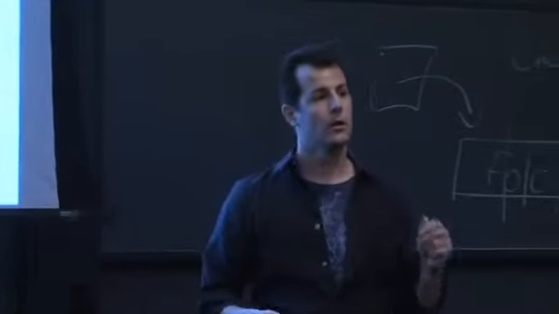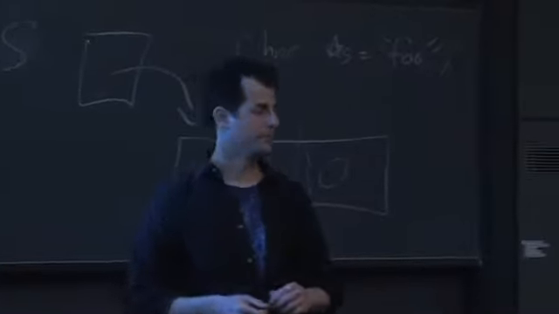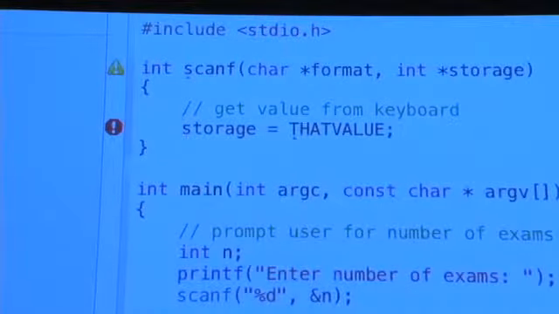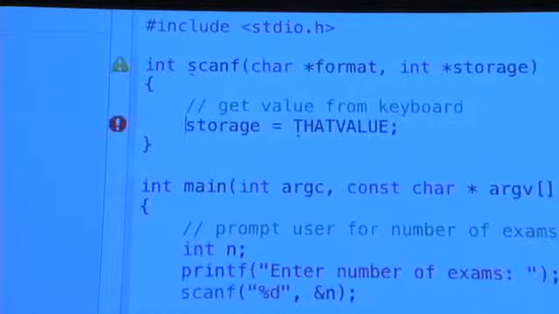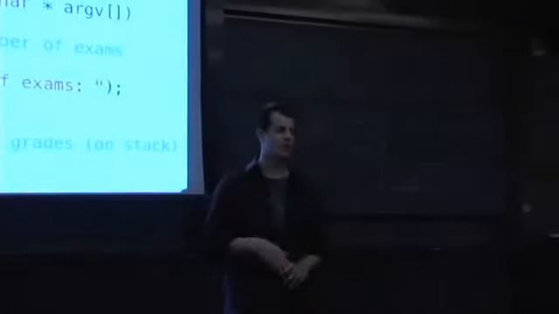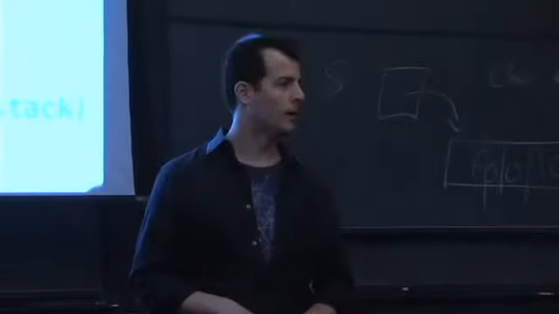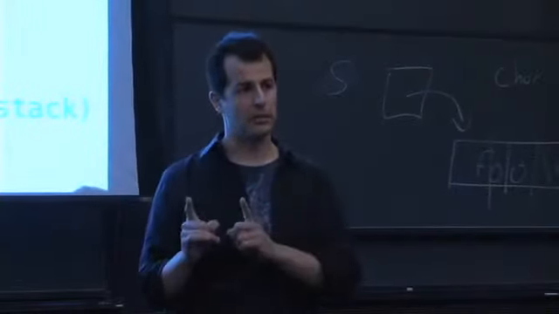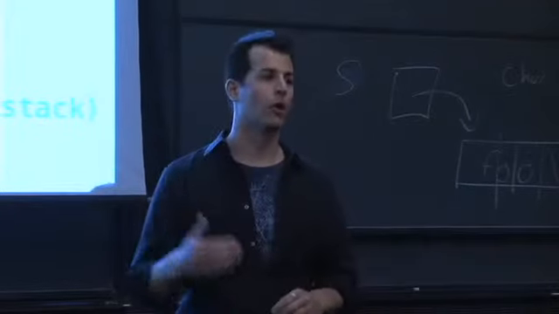So when you pass int star storage to the scanf function, what if I just use storage instead of star storage later on? Like this? Yeah. This would not compile, because the compiler would realize that you're trying to assign an integer to a variable of type pointer. So it would not compile for you unless you forced it to compile. Actually, it would compile with warnings by default typically, unless you've promoted warnings to errors to prevent this.